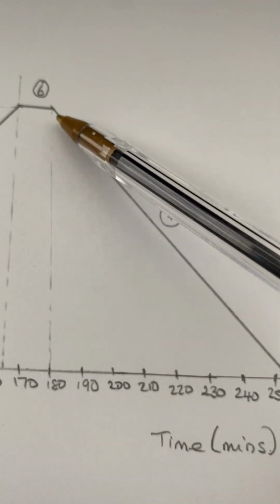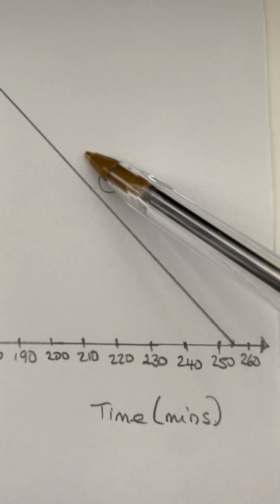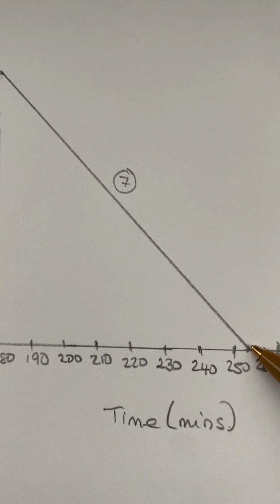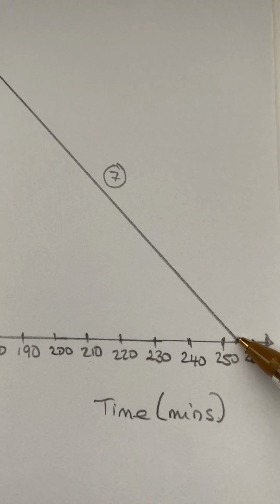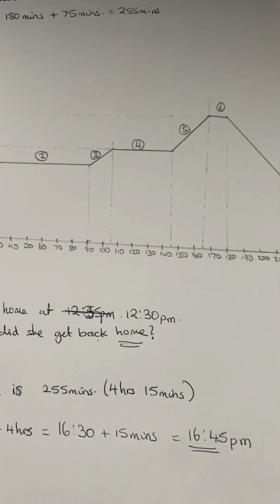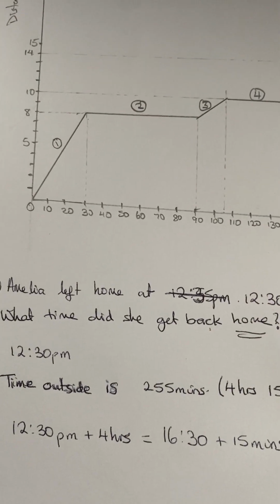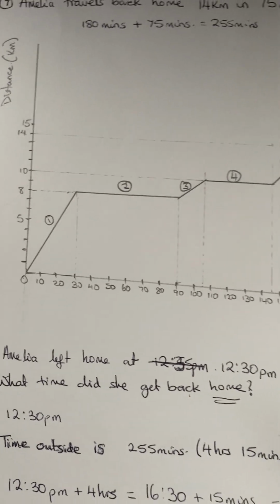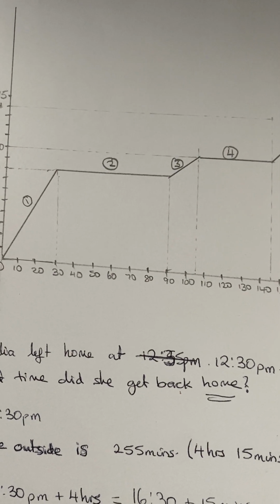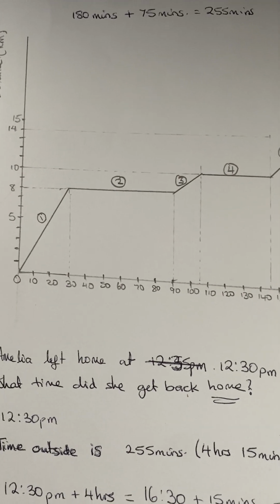So from Jason's school all the way down 14 kilometers back home. If you can see, this is my final time graph. Normally you don't have to draw all the graphs. I'm trying to explain to you.